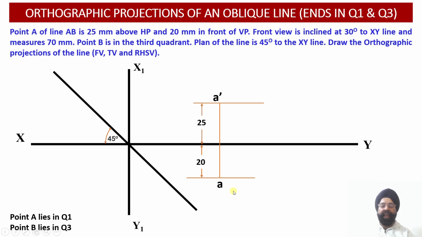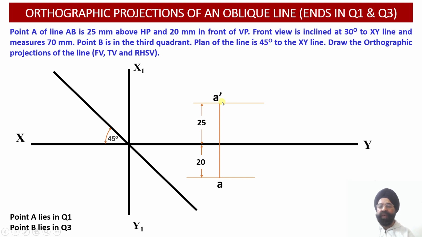Now, having obtained point A dash in the front view, corresponding to the elevation of the point A, and point A, the top view projection corresponding to the end A, we have to draw two locus lines emerging from points A dash and A. We also know that the front view of the line is inclined at an angle of 30 degree to the XY line.